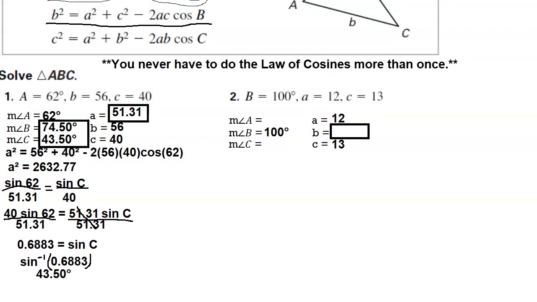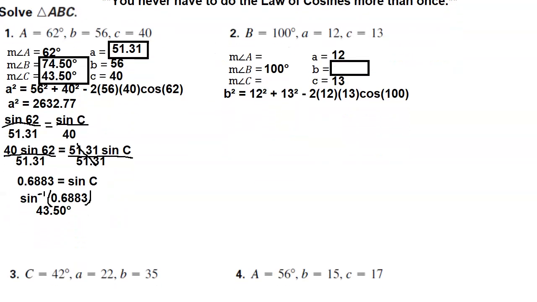Okay, so we're going to say B squared equals 12 squared plus 13 squared minus 2 times 12 times 13 cosine of 100.